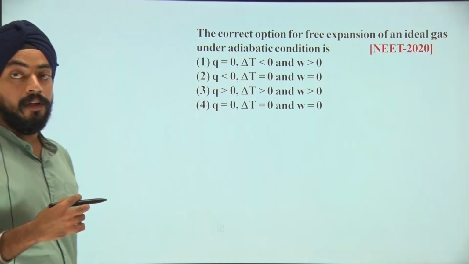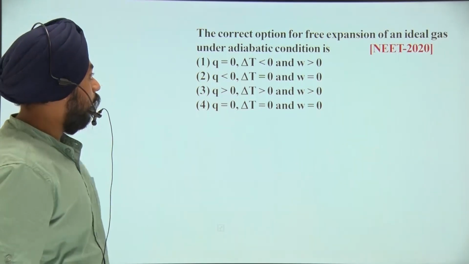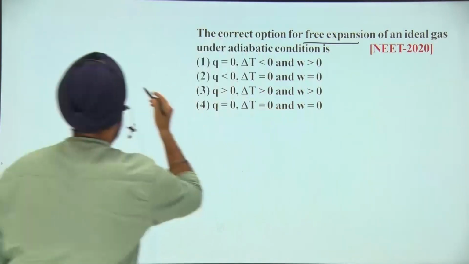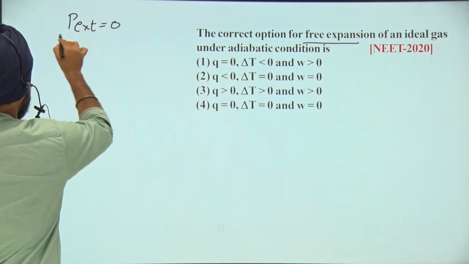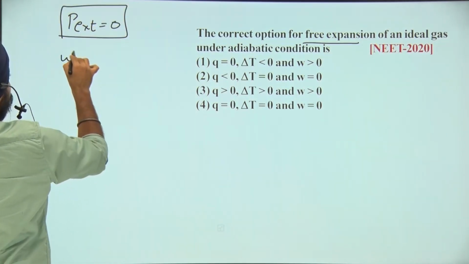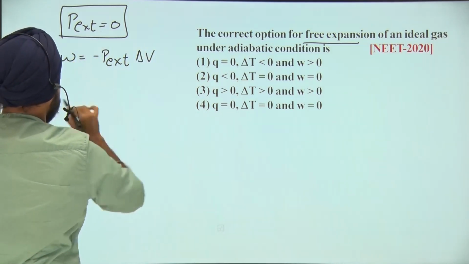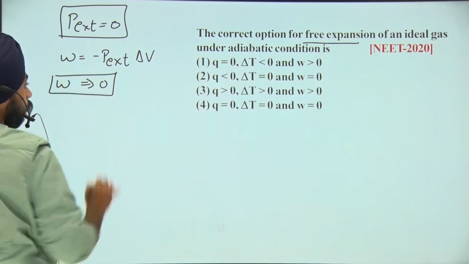This question is from the thermodynamics part of class 11th. Now students, we have been given free expansion, and for free expansion the external pressure is equal to 0. If the external pressure is 0, work done is equal to minus P external delta V. If external pressure is 0, work done will also be equal to 0.